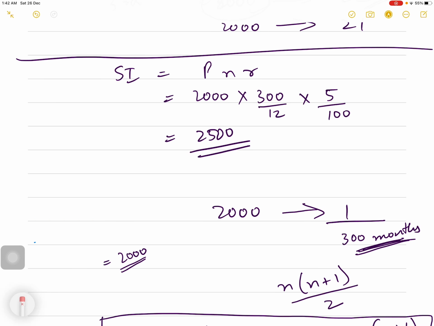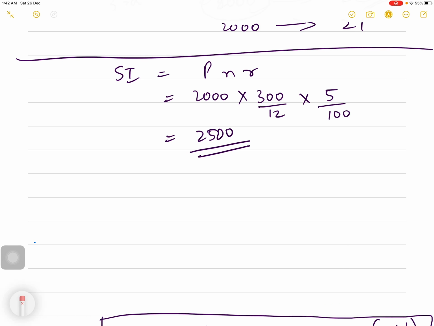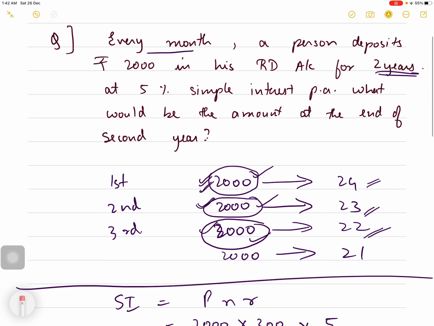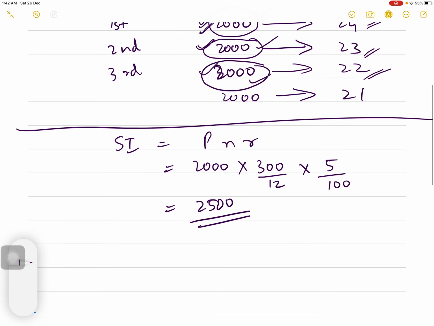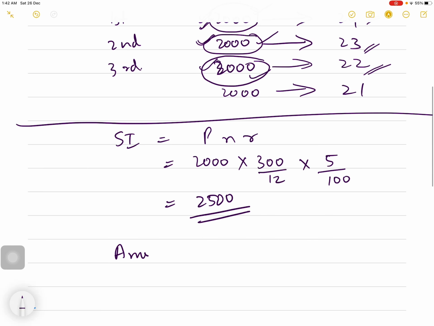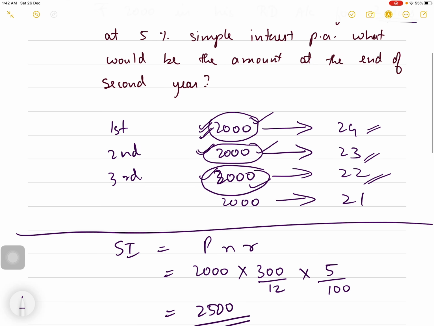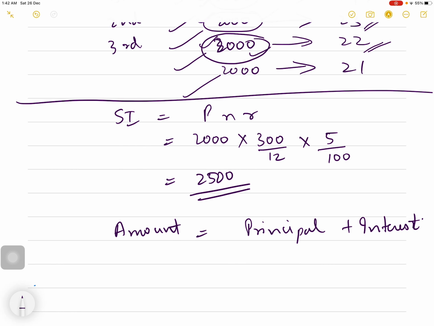Now, what would be the amount at the end of the second year? They have asked for the amount. Amount is equal to principal plus interest. Every month for 24 months you have deposited 2000, right?